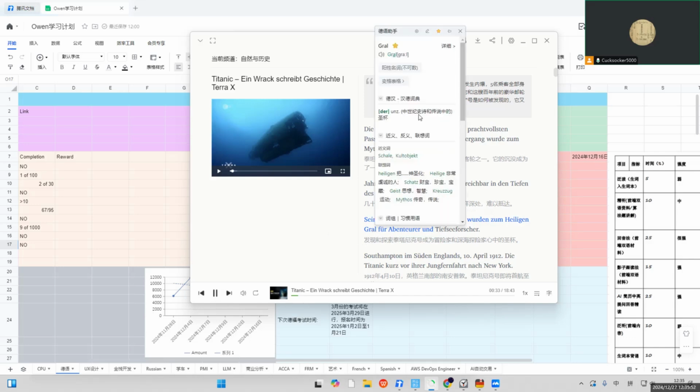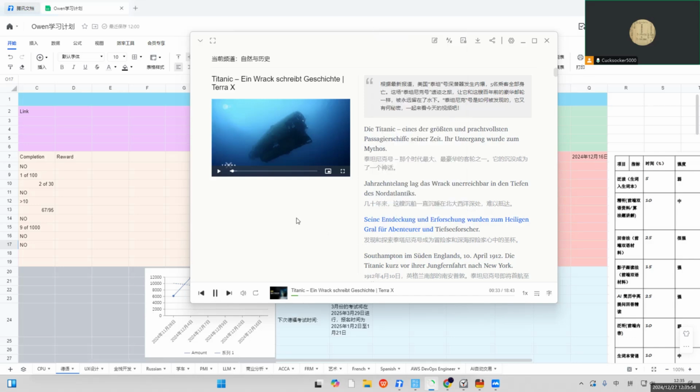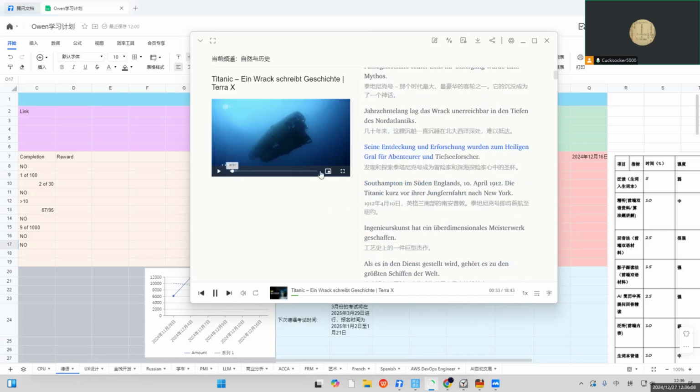All right. Ja, Heiliger Gral. Seine Entdeckung und Erforschung wurden zum Heiligen Gral für Abenteurer und Tiefseeforscher. Okay. Deep sea. Adventurer. Okay. Next sentence. Ice off.